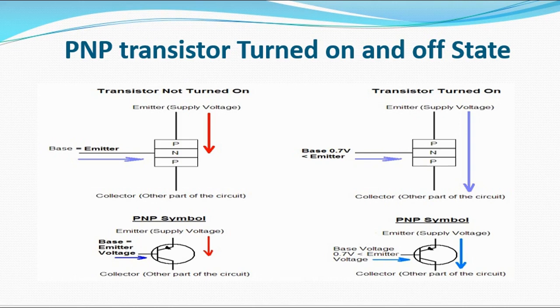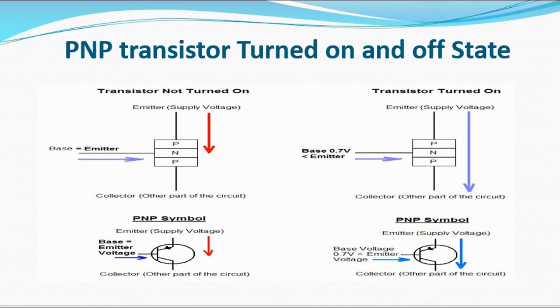Bear it in mind. So in this place, once it is not delivering any voltage or any current, this is the symbol of PNP. You have seen it before, so I just want to add it more to you. Once this is the not-on state, there is no current passing.